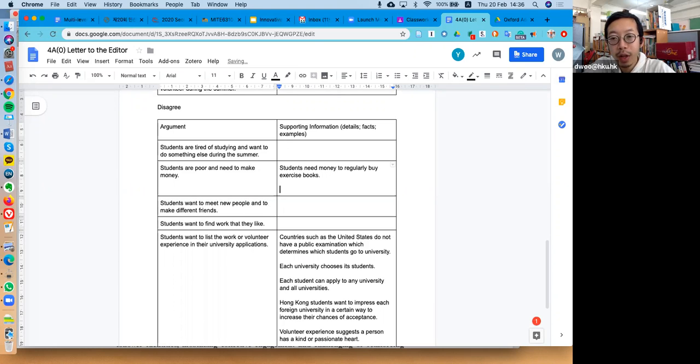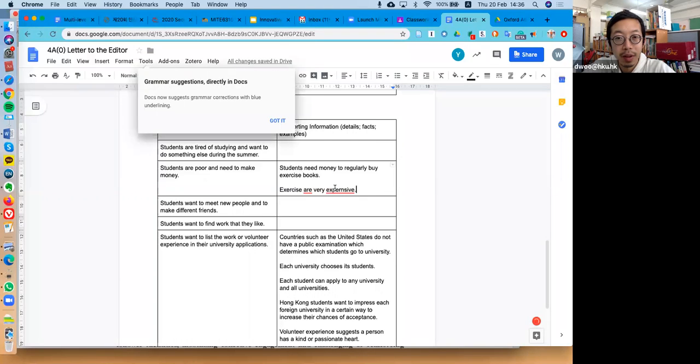Now tell me about exercise books. Exercise books are very expensive. Got it.